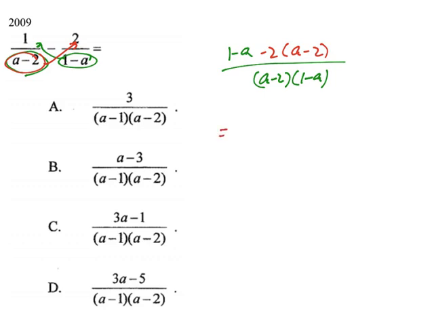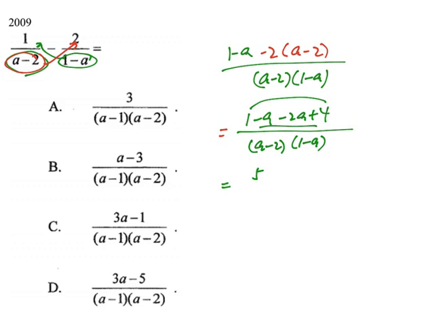Then we simplify. So 1 minus a minus 2a plus 4, and denominator a minus 2, 1 minus a. 1 and 4, it is 5. And then these two, negative a, negative 2a, so negative 3a. A minus 2, 1 minus a.